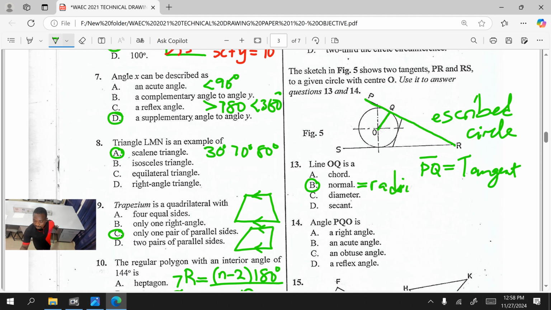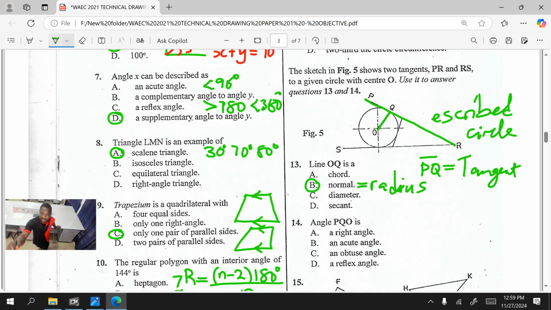So they intentionally did not put radius there because they know you know it's the radius as a part of the circle. But in relation to the tangent, it is known as the normal of the tangent and it is at right angle.